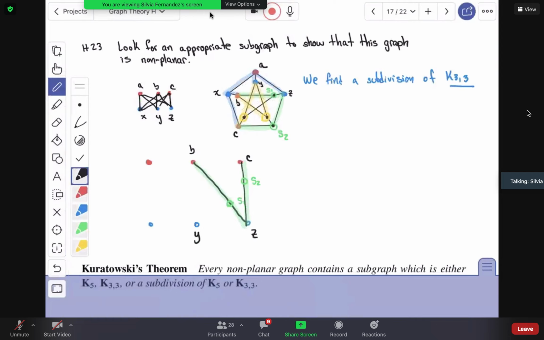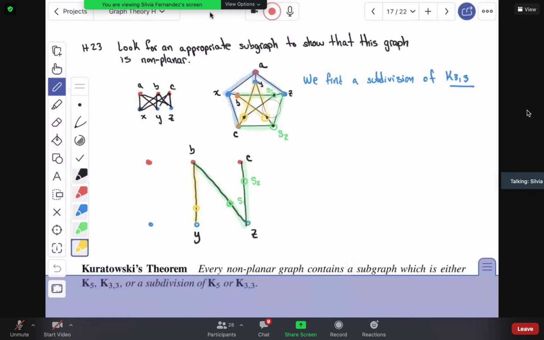The others that we have are Y to B. So Y to B is one of those highlighted yellow paths. See, that's like this one, Y to B. I go through this vertex right here and then to B. So that's like having a vertex kind of in the middle.